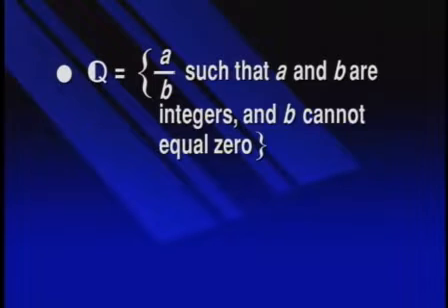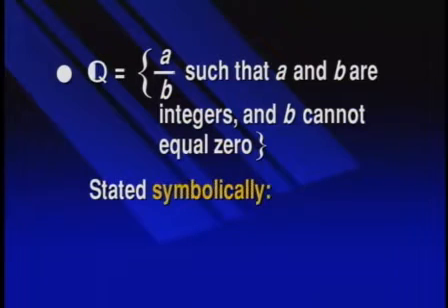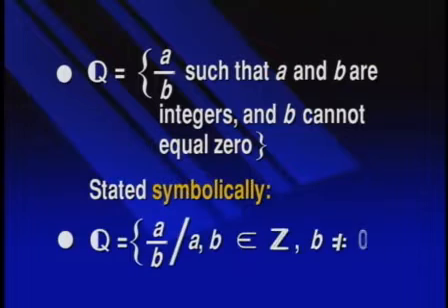Well, if I take that English sentence and write it with symbols, it can be rewritten as Q equals the set of a over b, such that, is that slash, a and b are members of Z, belong to Z, are elements of Z, comma, such that b is not equal to 0.